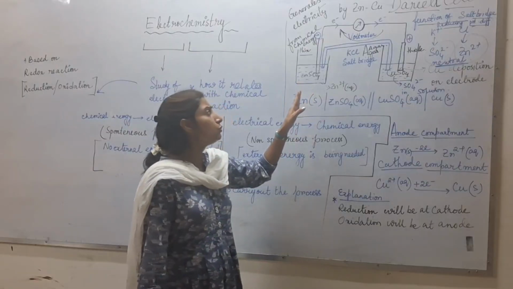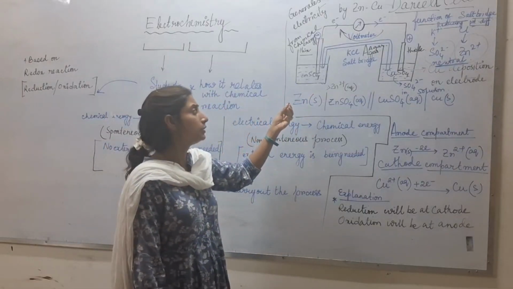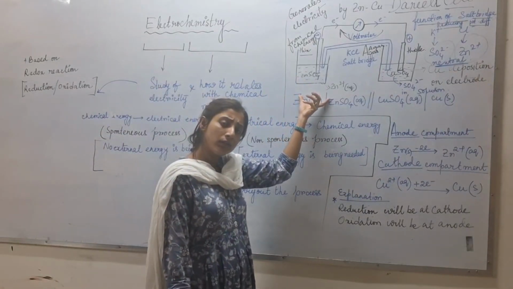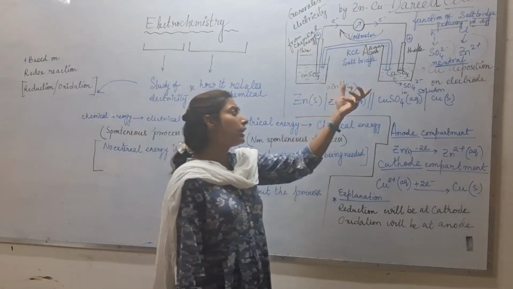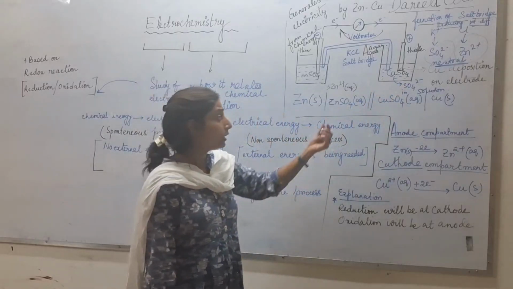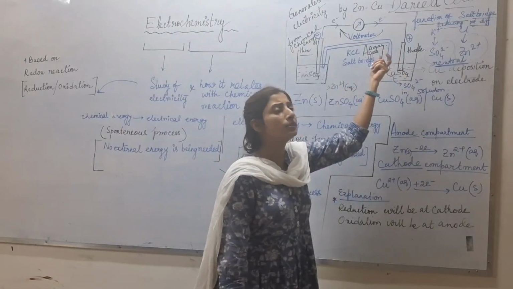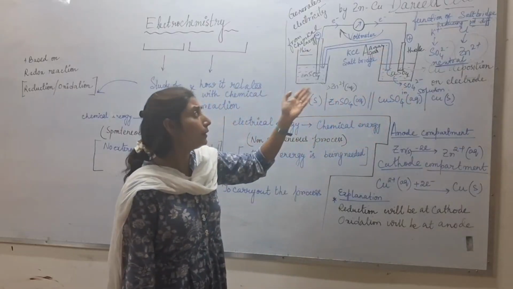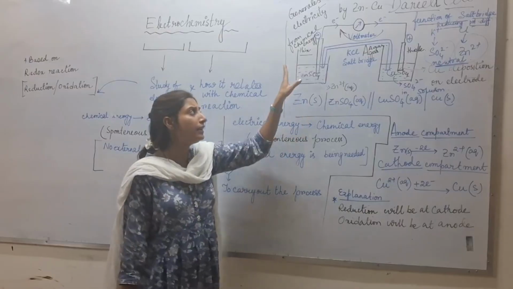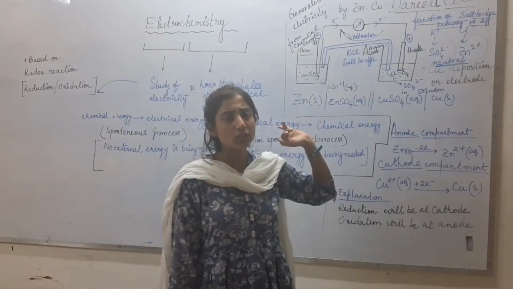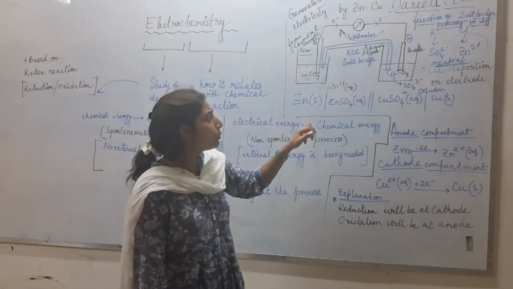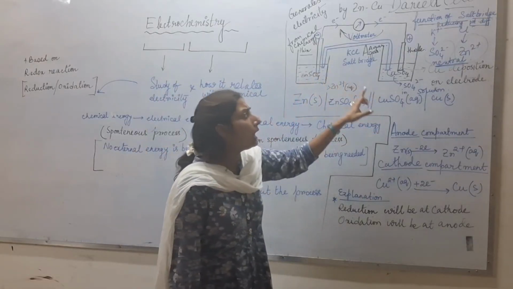So, for the reaction to proceed, Zn2+ will be present in the ZnSO4 bulk solution, and the CuSO4 solution will contain SO4 2-, and copper metal will be deposited at the surface of the electrode. But is the cell completed just by connecting the negative and positive ends? No. To complete the cell, we introduce a KCl agar-agar salt bridge.